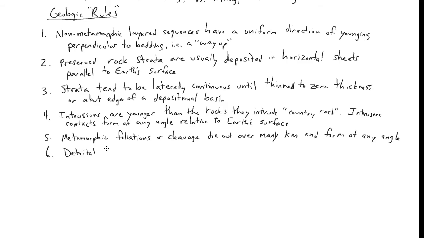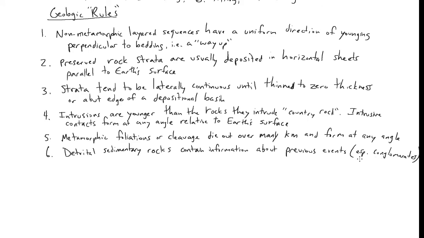Number 6, detrital sedimentary rocks contain information about previous events. And conglomerates are especially useful for this because there's nice big chunks of some old rock. So conglomerate's a coarse sedimentary rock.